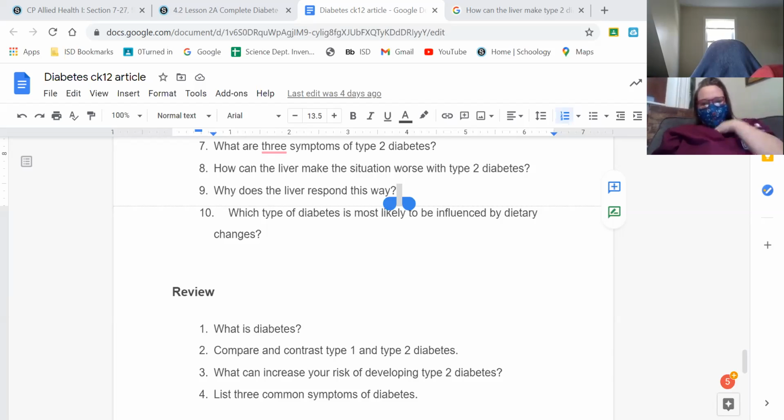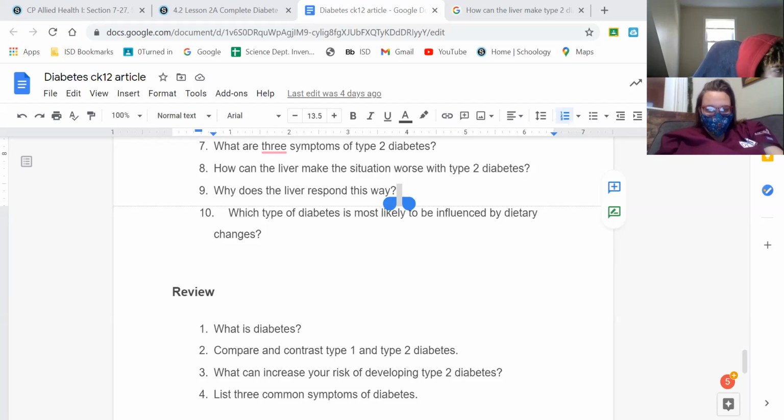8, the liver leaves glucose in the blood. 9, fat in the liver makes the liver less responsive to insulin.